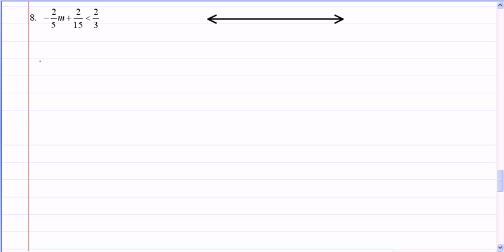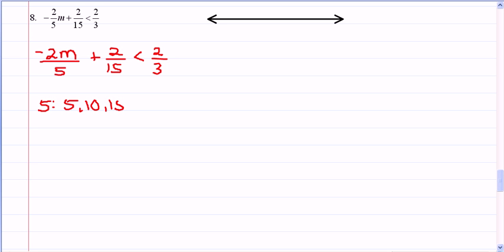And for number 8, negative 2/5 m, we start by writing as negative 2m over 5 plus 2 over 15 is less than 2/3. So to find my common denominator, I'll write the first few multiples of 5, and I'm going to go a little bit out of order this time.